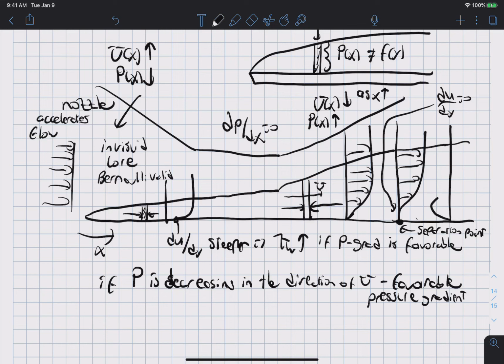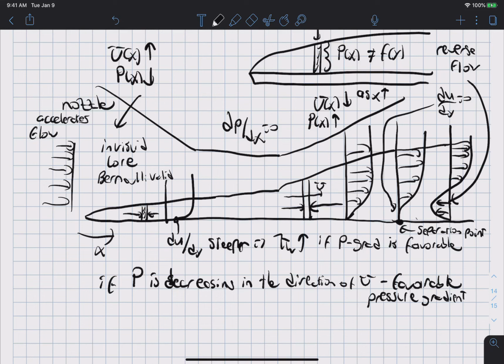And so the velocity profile starts to look like this. Okay, and this is called reverse flow, and that's typically bad. You almost never want reversed flow.